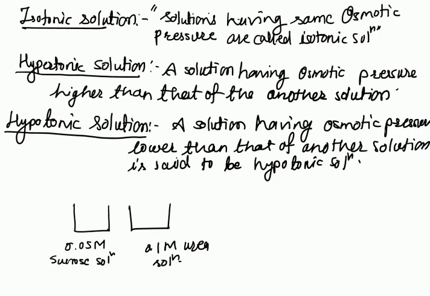If the osmotic pressure of the sucrose solution is less, for example pi 1 is less than pi 2, then the sucrose solution we can call a hypotonic solution, and the urea solution we can call a hypertonic solution.